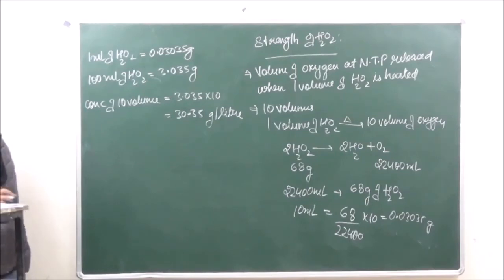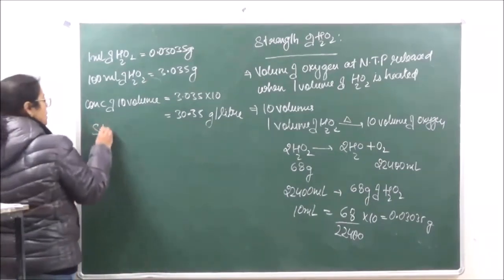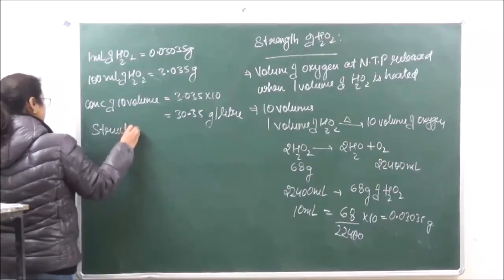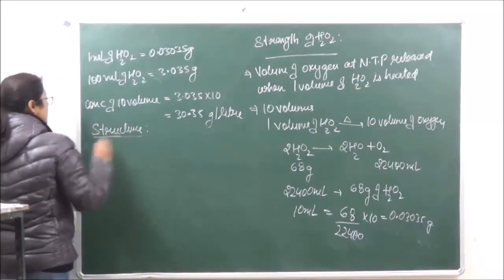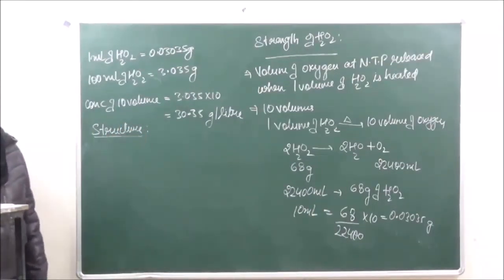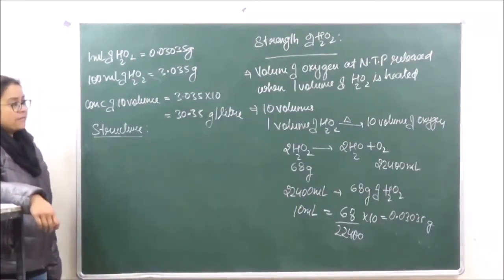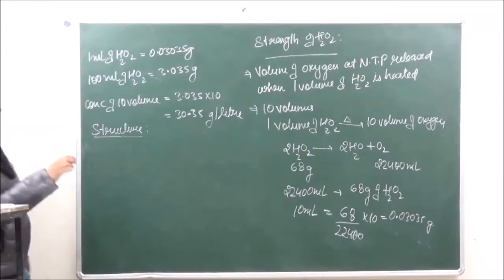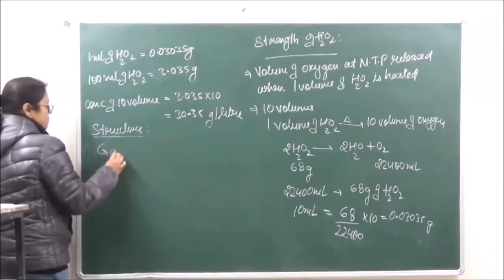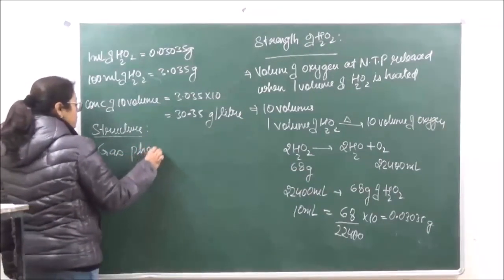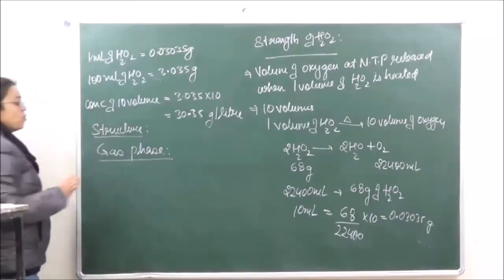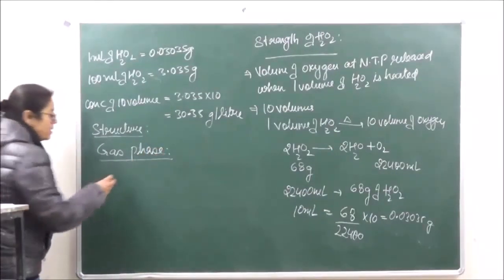Okay? Then we come to structure. Now when we are talking of structure over here, we have two types of structure. One is the gas phase structure, and the other is the solid phase. So let's go on to the gas phase structure over here.